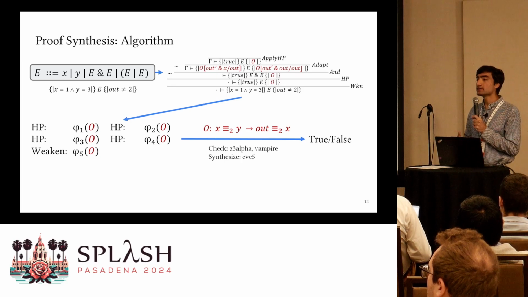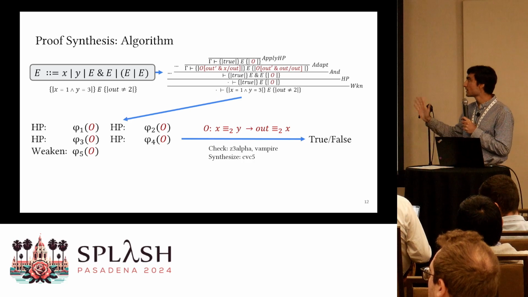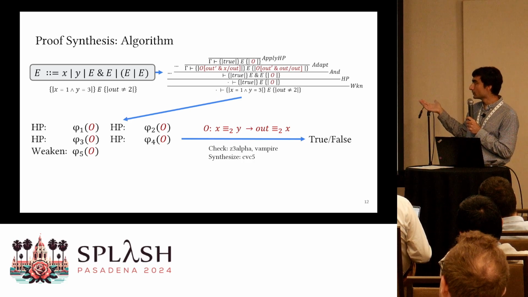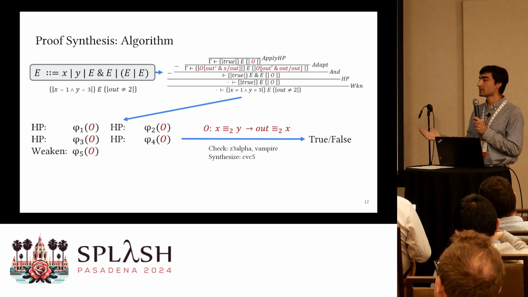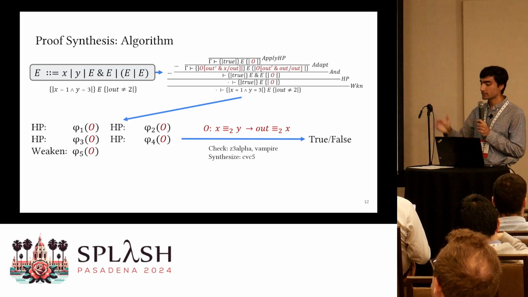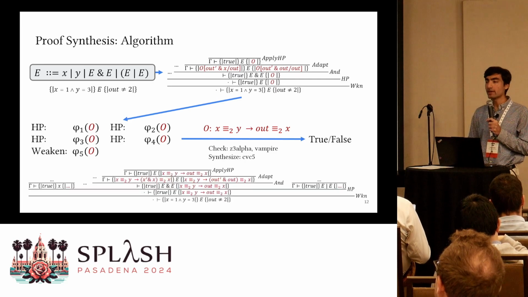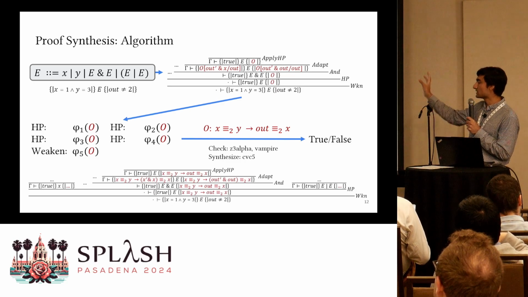So if someone gives us a summary and says, I think this will work, we can plug it in and complete the proof by checking the verification conditions. And if not, we can try to synthesize a summary that satisfies the verification conditions to complete the proof. In either case, we end up with a non-terminal summary, which we can plug into the skeleton to finish things off.